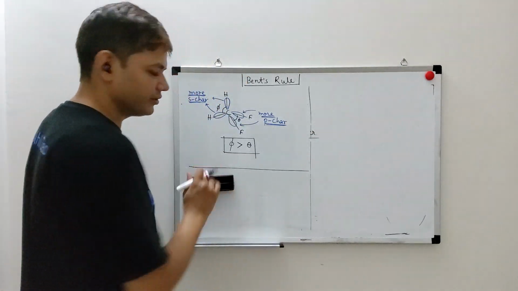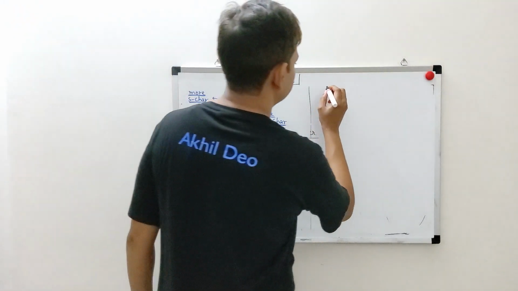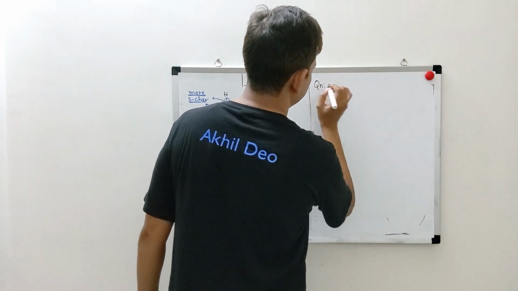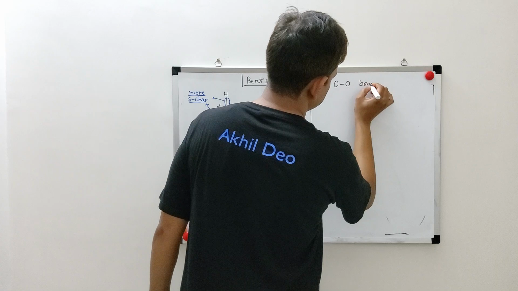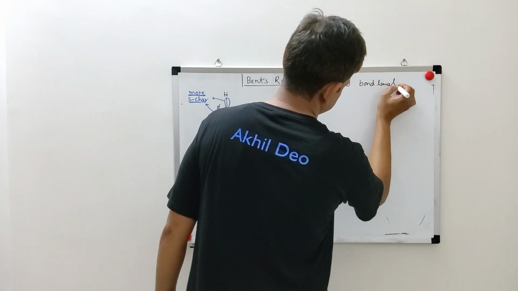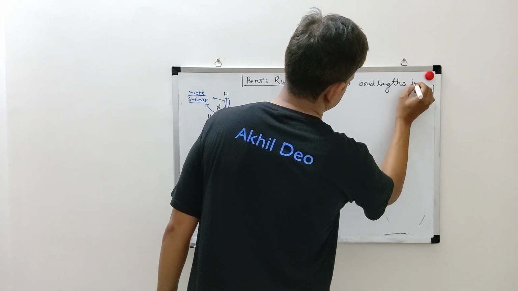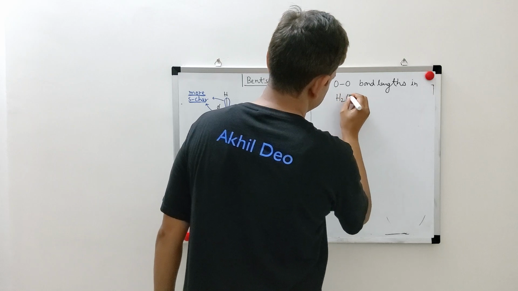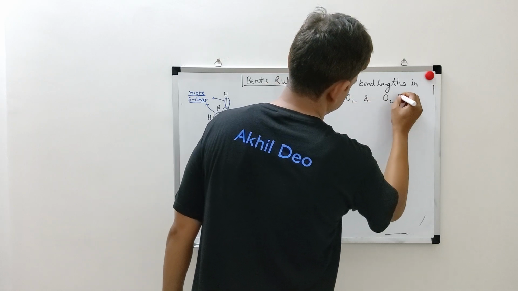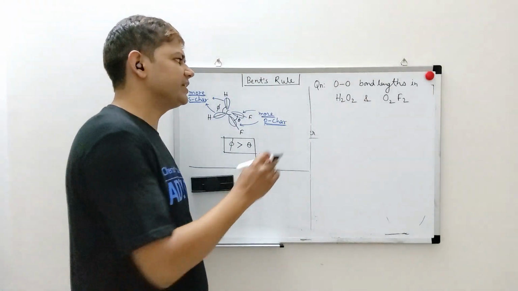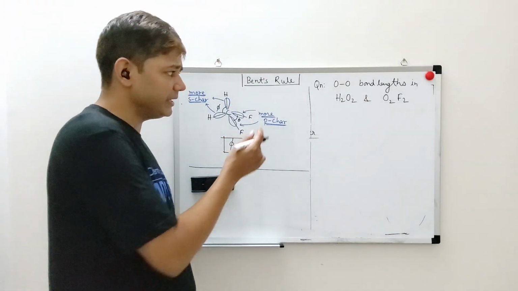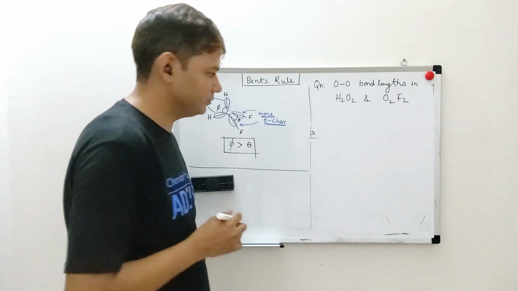It's a very well-known example. There are various explanations for this, but I'll explain this by using Bent's rule.